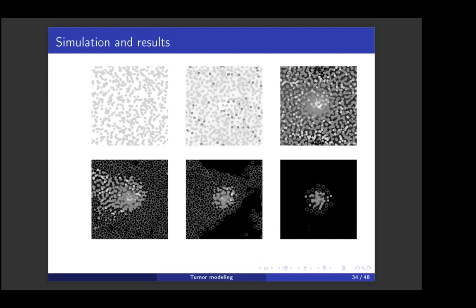First of all, we have only the healthy cells, which is the first or initial population. And then we have the emergence of the proliferating cells in the second figure.